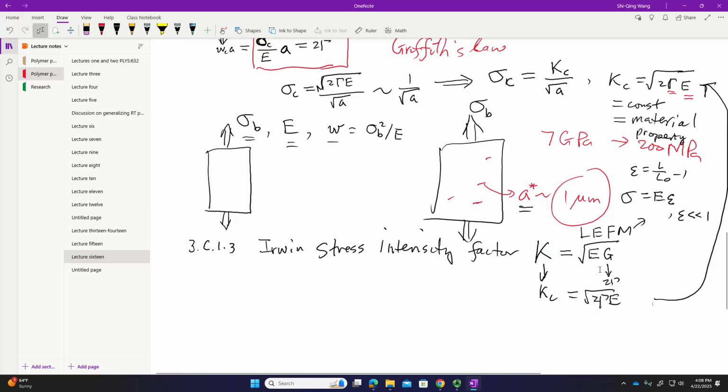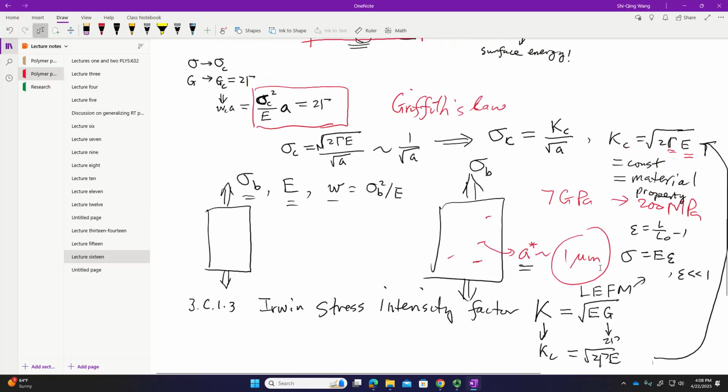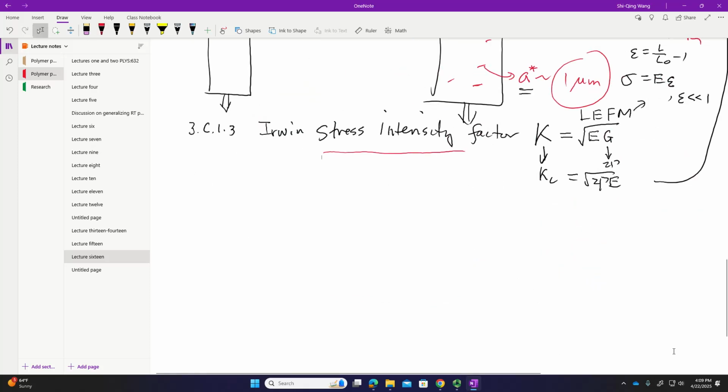So, let's use an Inglis result to appreciate this quantity K. Remember the Inglis result. Inglis says the tip stress is twice sigma square root of A divided by square root of rho. Just try to recall that's your Inglis result.